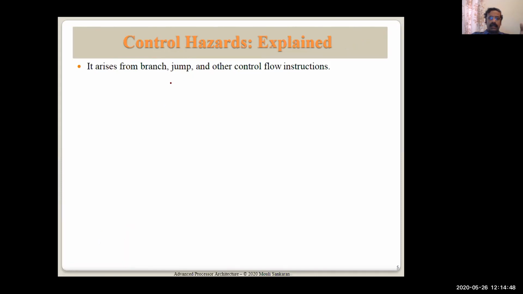In Intel processors we call it jump, JMP. JMP is the instruction equivalent to jump, which is an unconditional jump. And in Intel, jump on carry was an instruction. It is equivalent to ARM BEQ, branch on equal.